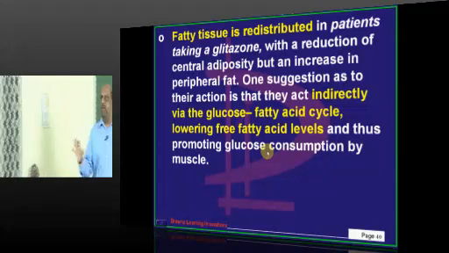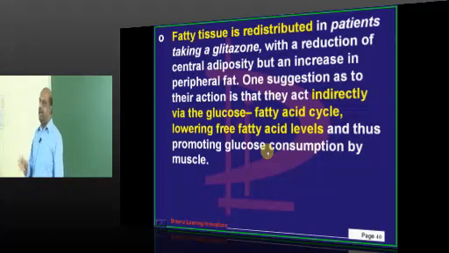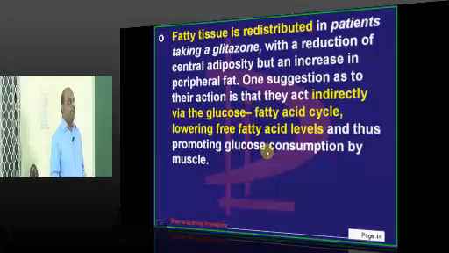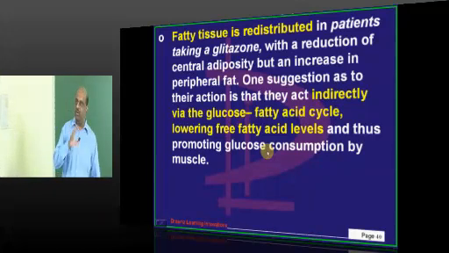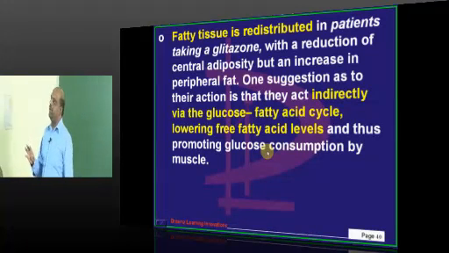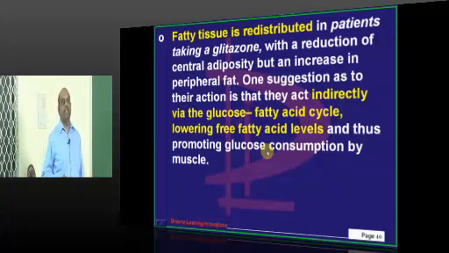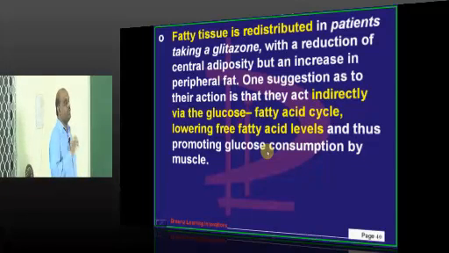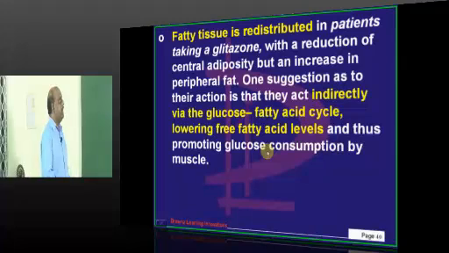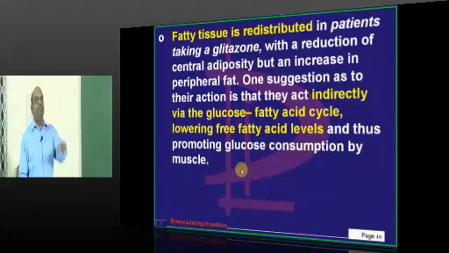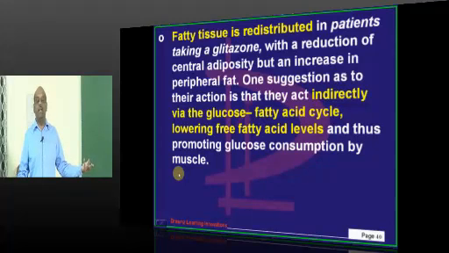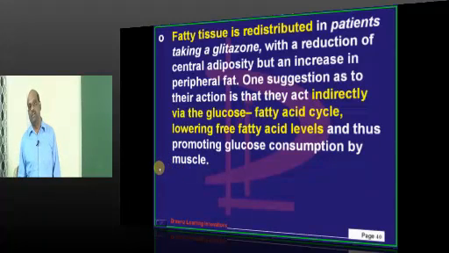See, when the muscle needs energy, it gets energy from acetyl-CoA. Acetyl-CoA is produced either by the breakdown of glucose or by the breakdown of fatty acids. So what these thiazolidinediones are doing is lowering the free fatty acid levels. By doing so, the muscle has to naturally depend on glucose, so it will take up more and more glucose. So the sensitivity for uptake of glucose will increase in the peripheral tissues.